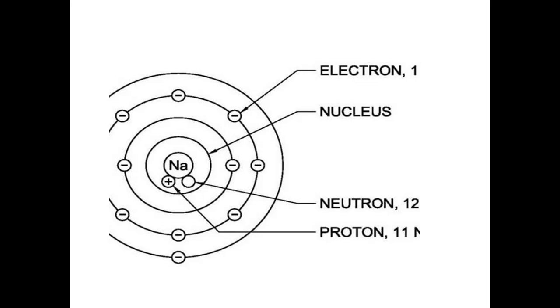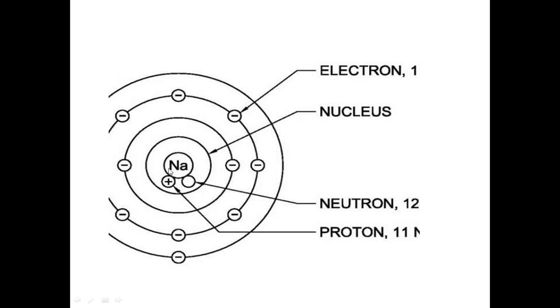So the properties of an atom depend on the charge on it, and the charge also depends on the number of electrons or the protons. So if it has more protons, it will be plus charge. If it has more electrons, it will be minus charge.